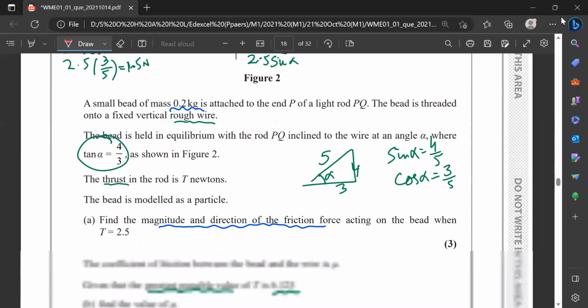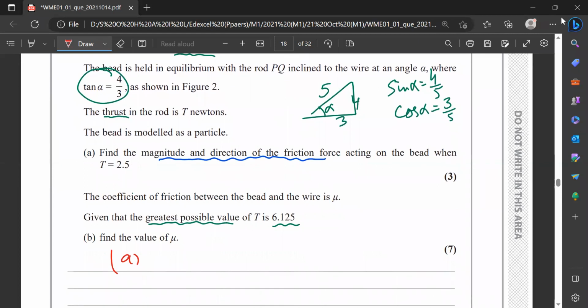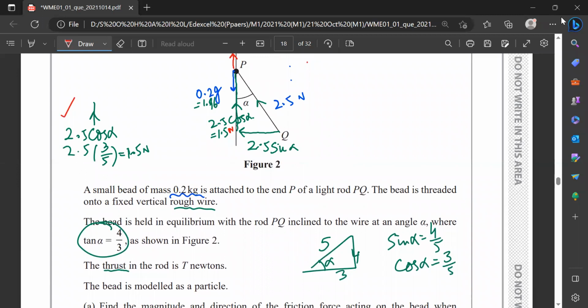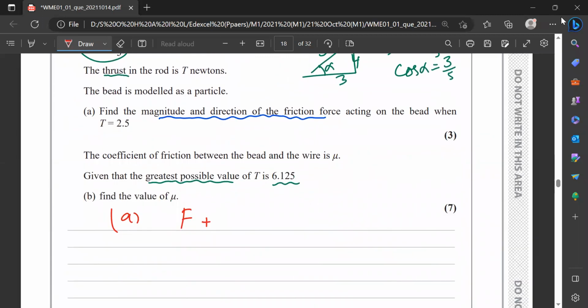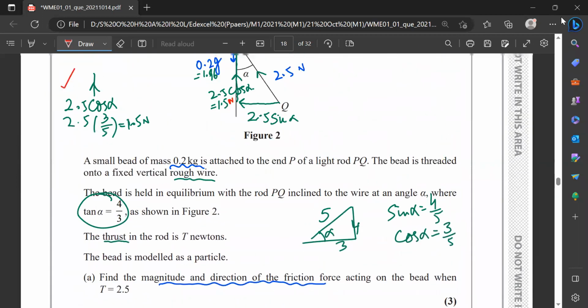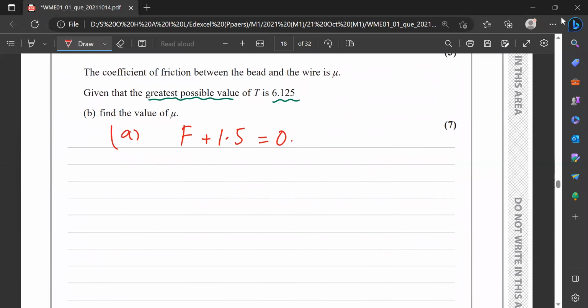So F plus 1.5 equals 0.2 g. When you simplify, F is equal to 0.2 g minus 1.5.